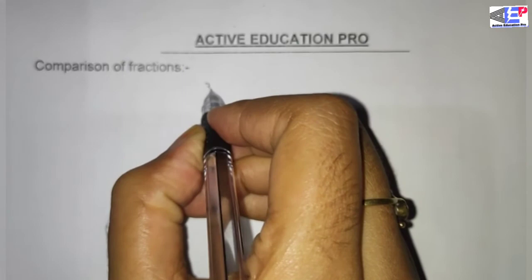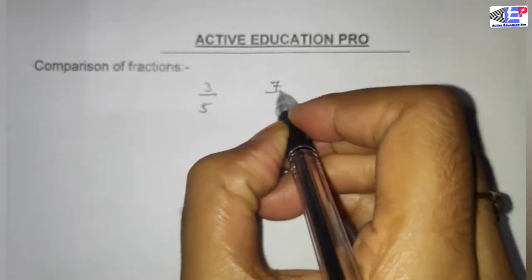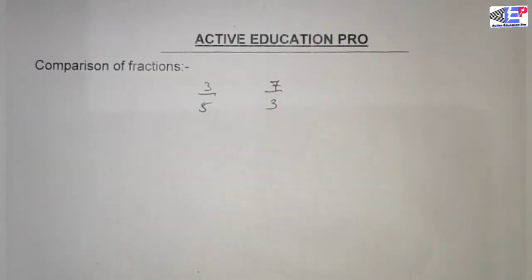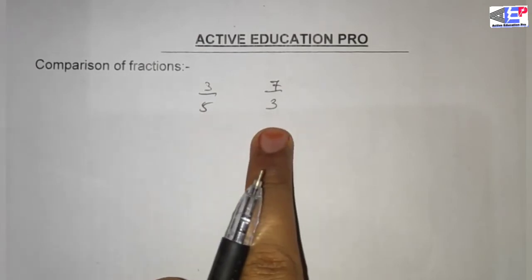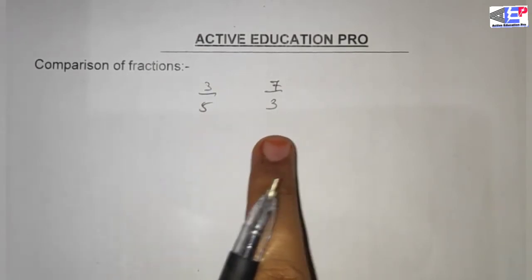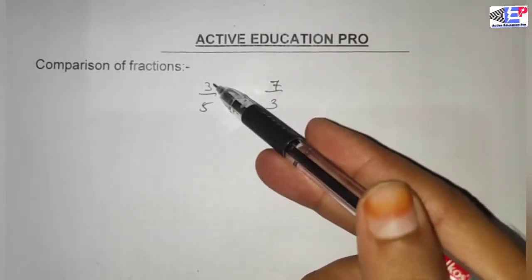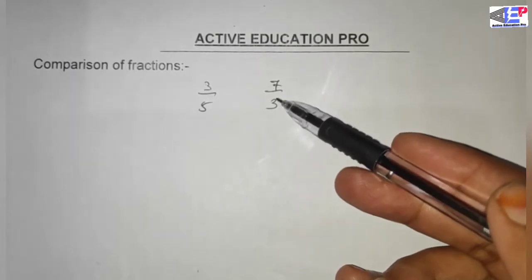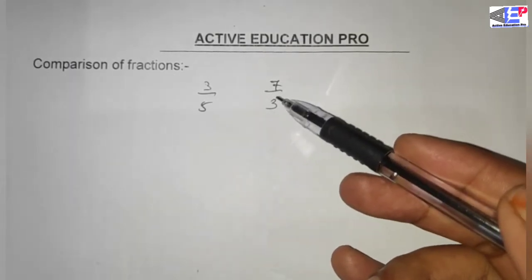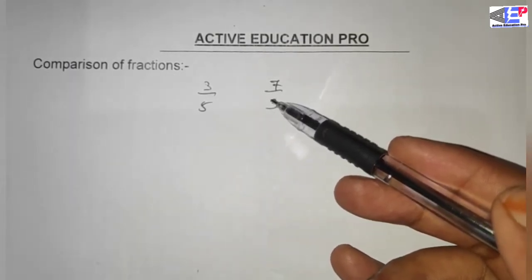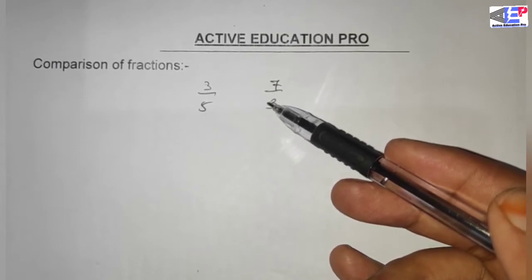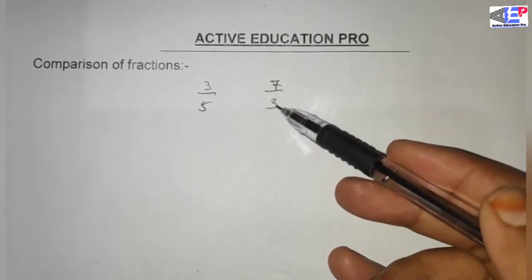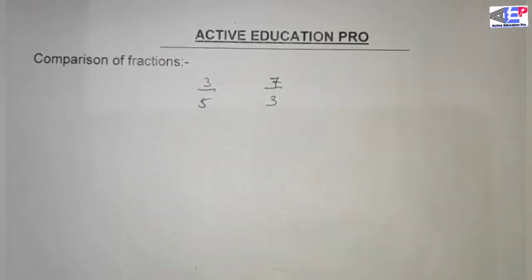Suppose it is a fraction 3 by 5 or 7 by 3, whatever it may be. Here one is a proper fraction and the other is an improper fraction. But a fraction contains two numbers: 3 is the numerator and 5 is the denominator. Similarly, 7 by 3 is a fraction, but it contains two numbers, 7 as its numerator and 3 as its denominator.